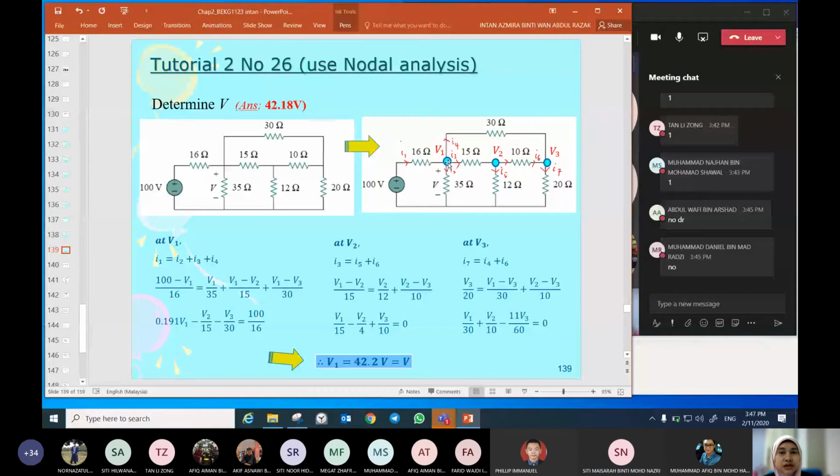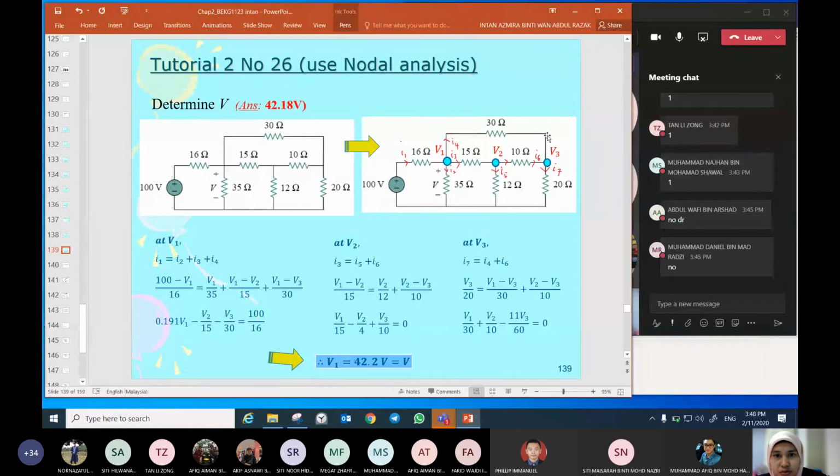So I name the nodes as V1, V2, and V3. The next step is to assign the flow of current at each branch. You may do it differently, but make sure that, let's say I4, once you put I4 leaving node V1, it must enter V3. Do not make I4 leave V1 and at V3 I4 also leaves V3.